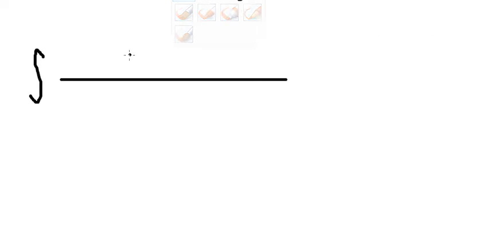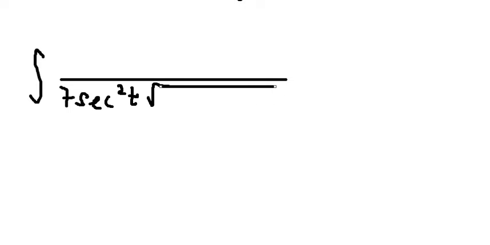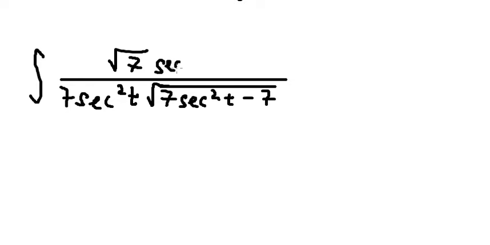So we got about number 7 secant of t square multiply with the square root number 7 secant of t square minus number 7 ds, we change for the square root of number 7 secant of t tan t dt.